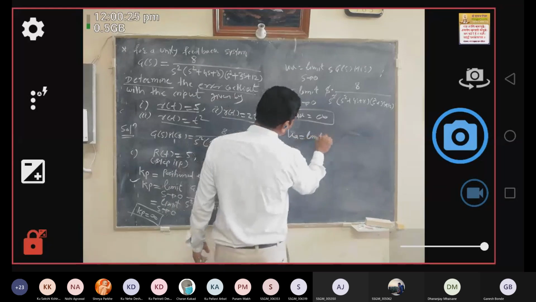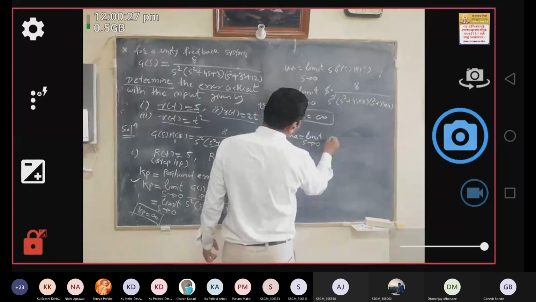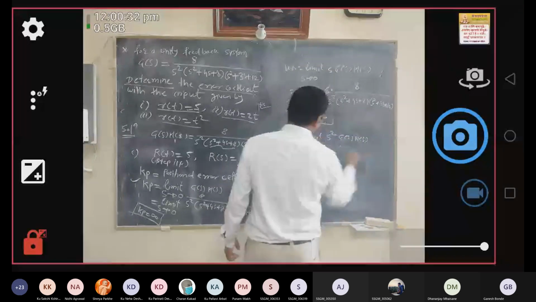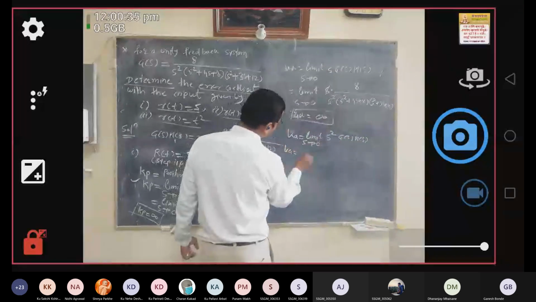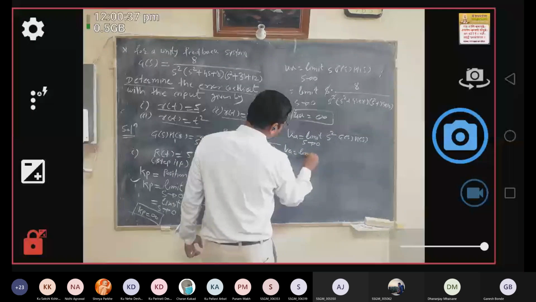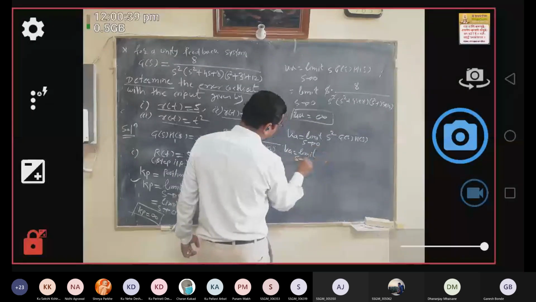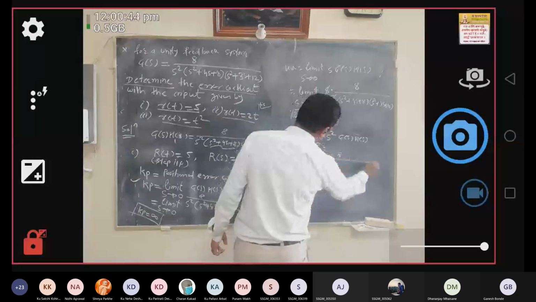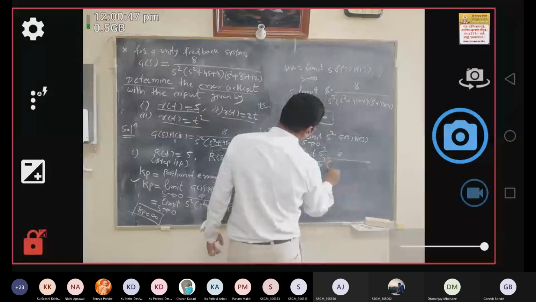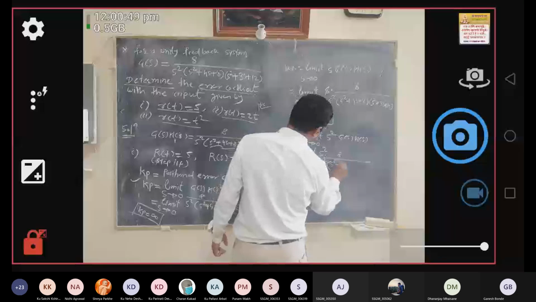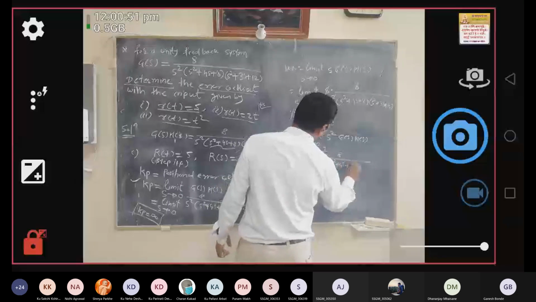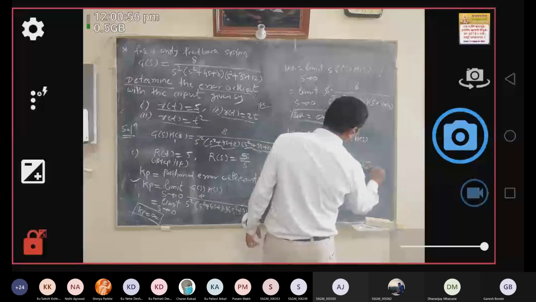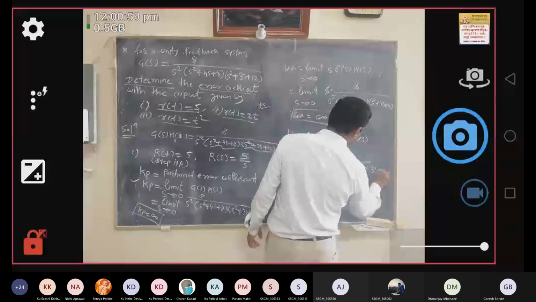Limit s tends to 0, s square into G of s into H of s. So Ka is equal to limit s tends to 0, s square into 8 upon s square into s square plus 4s plus 8 into s square plus 3s plus 12.